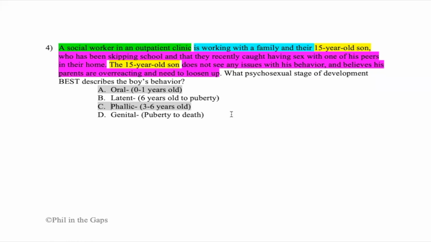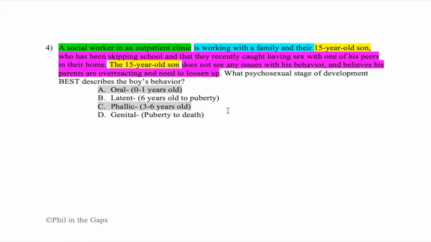And now we're in between B, latent, key emphasis on late, where all of the sexual libido or libido energy is suppressed and is more focused on socializing with other individuals, or D, genital, where the libido energy or sexual energy is revved like a small engine and they're trying to have sexual relationships with other individuals.